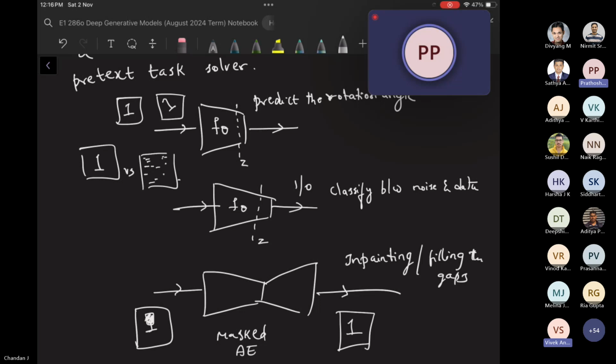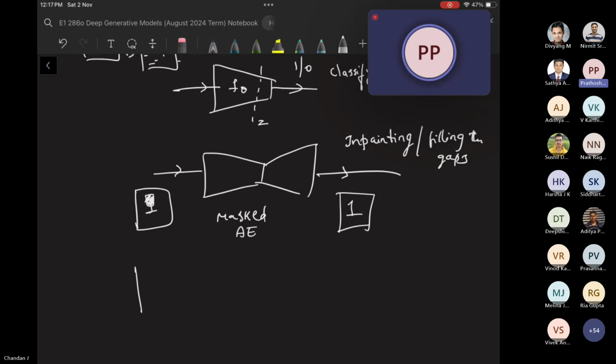Different people come up with different pretext tasks, and all of them have different performances. JEPA is one other way to do it. In JEPA, they take an image and randomly take some parts of the image, call that the context, and give that as an input to a network, and randomly take some other patches and call that the target.